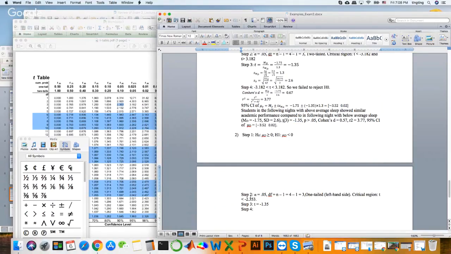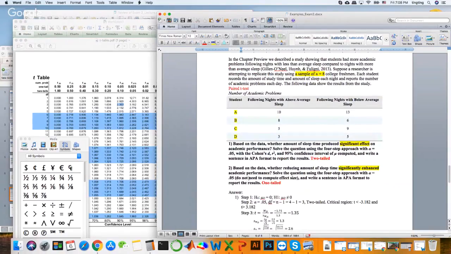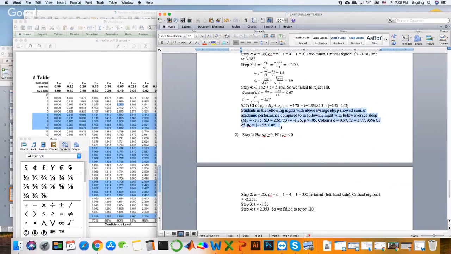Step 4, t is greater than the boundary. So we fail to reject H0 again. We don't need to compute the effect size here. And so the last thing is to report your results.